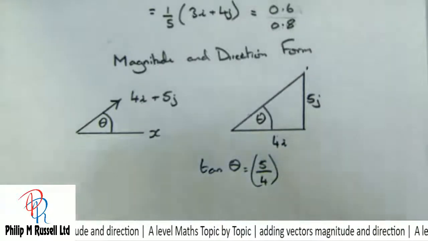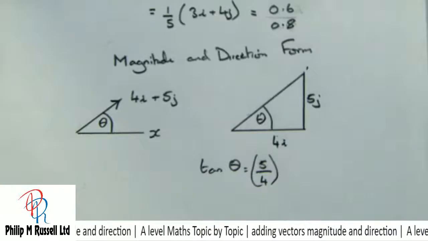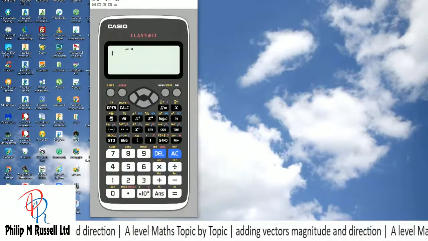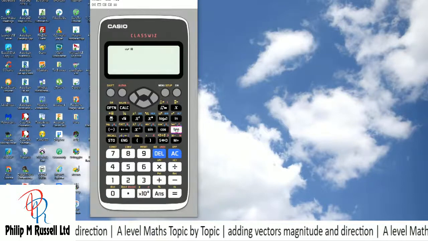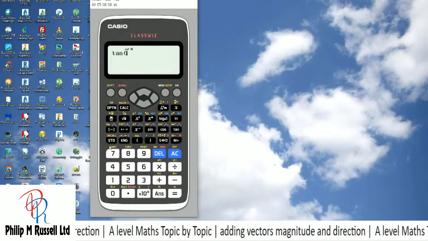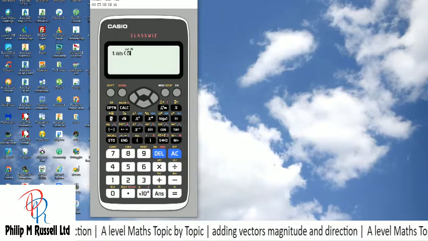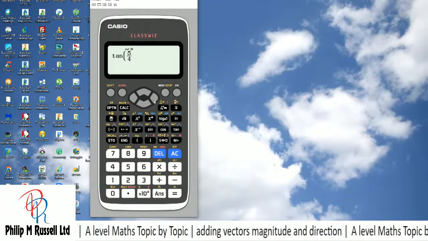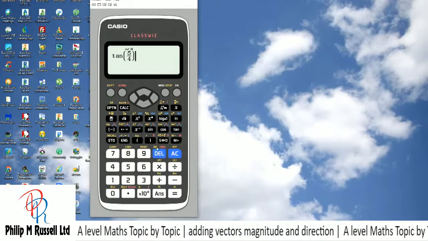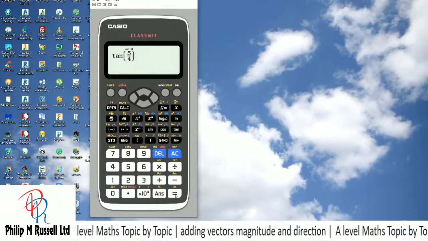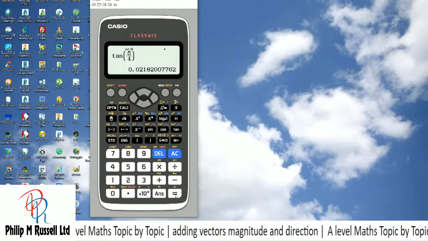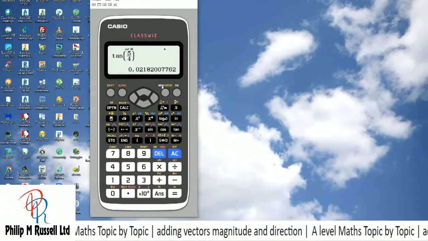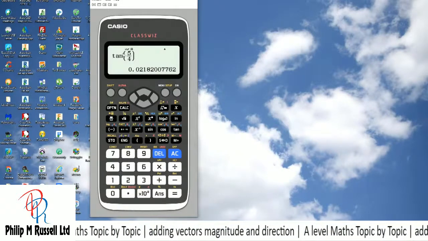And simply I need to go and work out what that is on the calculator, and I want to do the tan of 5 over 4 and it gives me, oops, silly schoolboy mistake, I didn't do the tan minus 1.